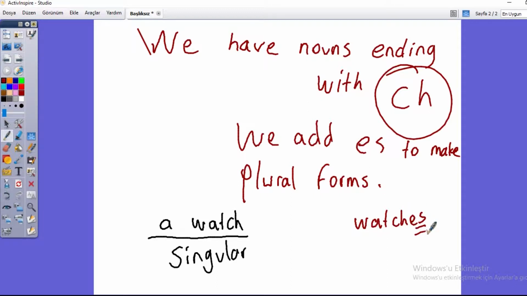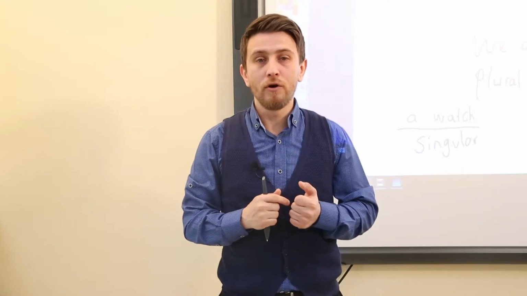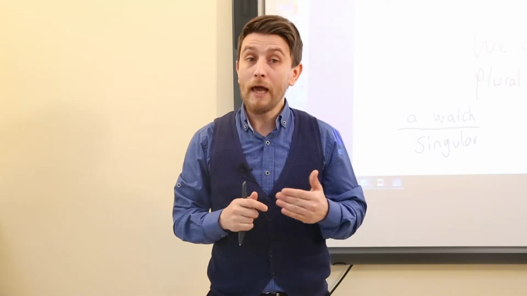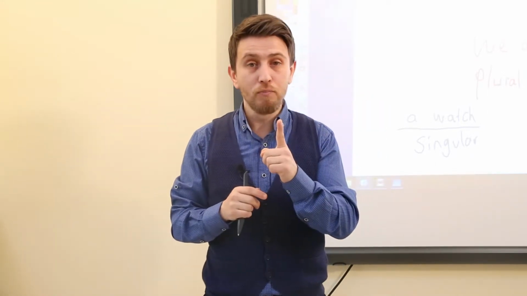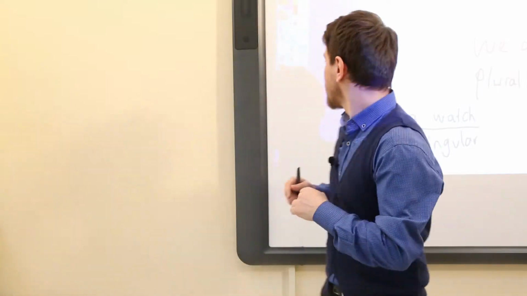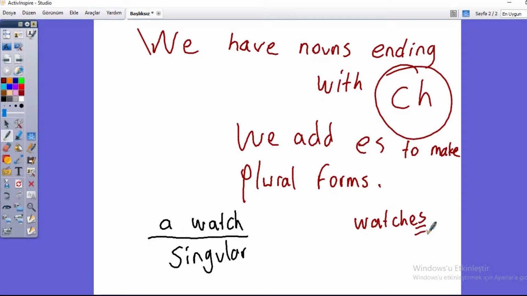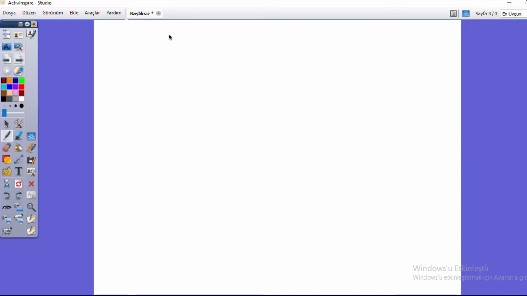Another example for nouns ending with ch, a beach. You know, you lie on the beach. A beach, plural form, beaches. As you see, when the noun ends with ch, we add es for plural forms.